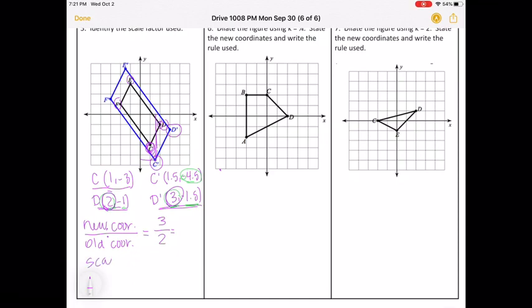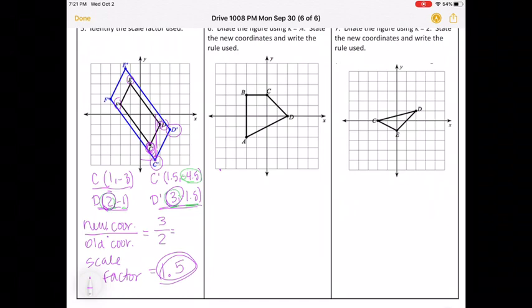That gives you a scale factor of 1.5. I know that was kind of the long way around, but make sure you're picking the easiest option there. All right, 6, dilate the figure using k equals 1/4.